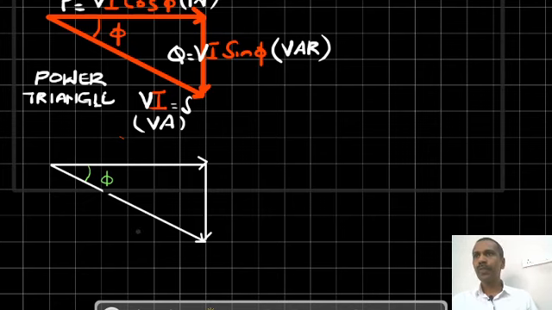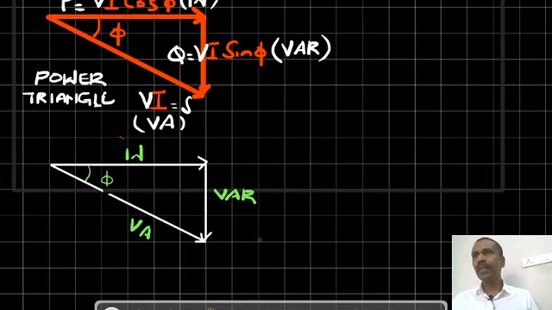This is our apparent power or volt ampere side. This is our active power side. Its unit is watts. This is our reactive power side. Its unit is volt-ampere reactive.